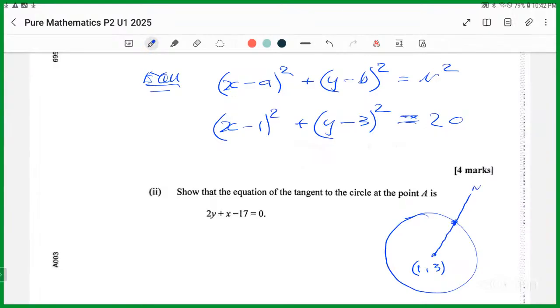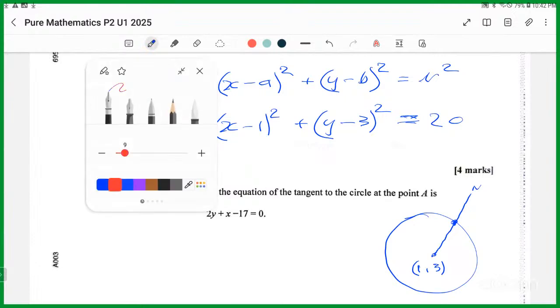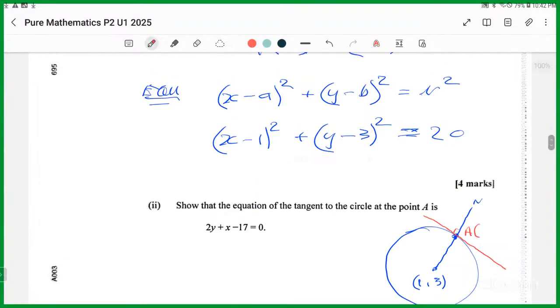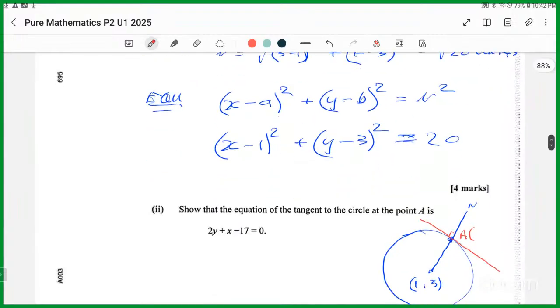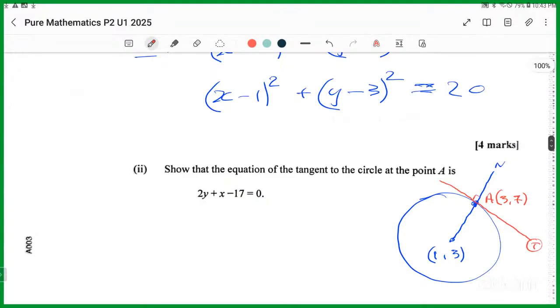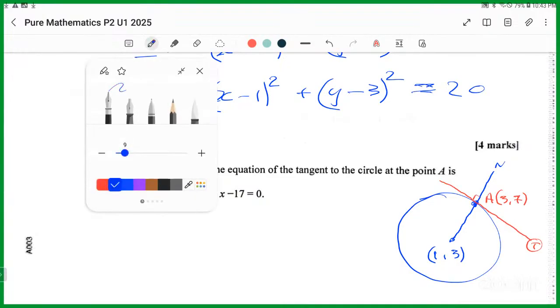But the question really wants us to find the tangent line, which is perpendicular. Point A has coordinates (3, 7). We're really trying to find this tangent line, but the normal is going to help us.